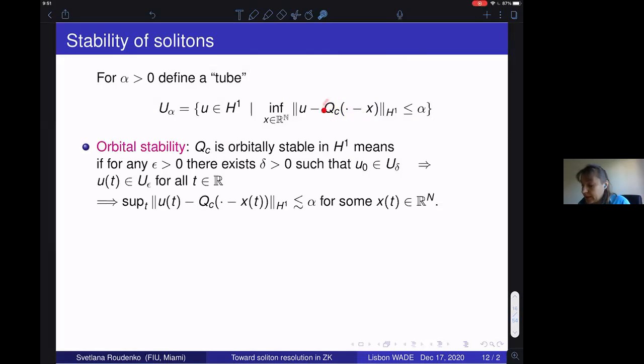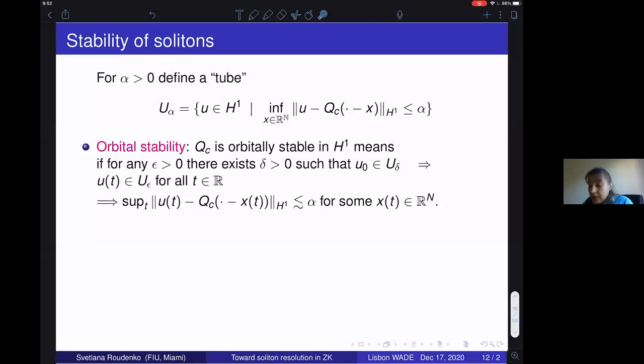So c is the dilation, remember? And there's x, we also incorporate all the shifts of Q. Here's an H1 norm. If we stay close, then we say that we're staying in this tube U_alpha. So orbital stability basically says that you start in the tube and you stay in the tube, maybe with a slightly different size of it, but you stay there.